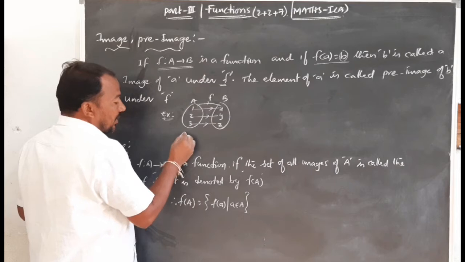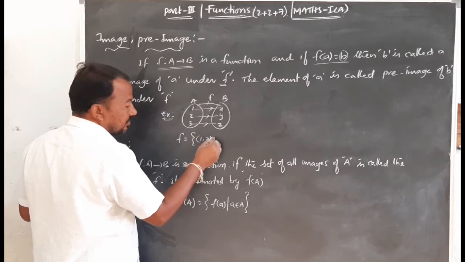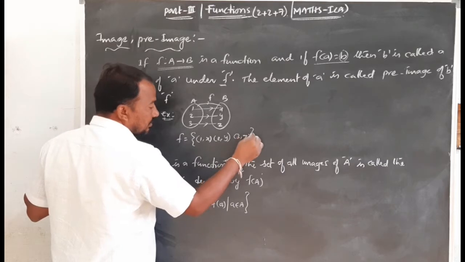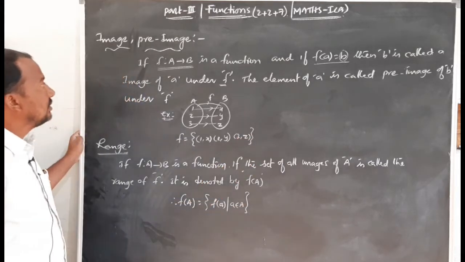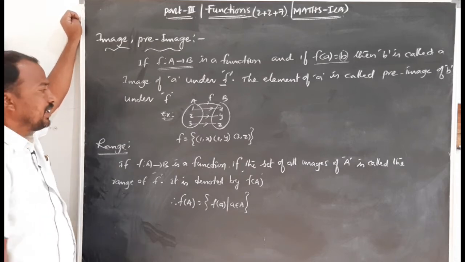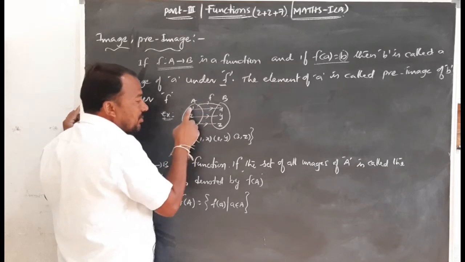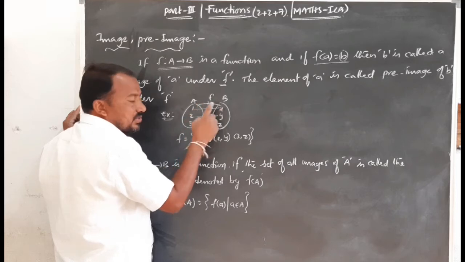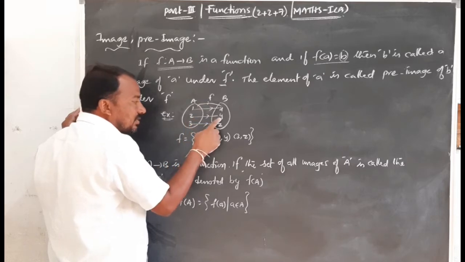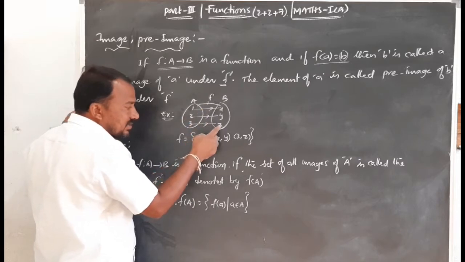So f is equal to the set of (1, x), (2, y), (3, z). Here, the image of 1 under f equals x, the image of 2 under f is y, the image of 3 under f is z.